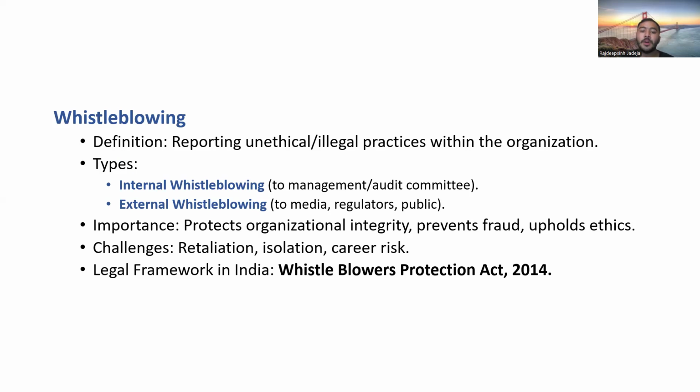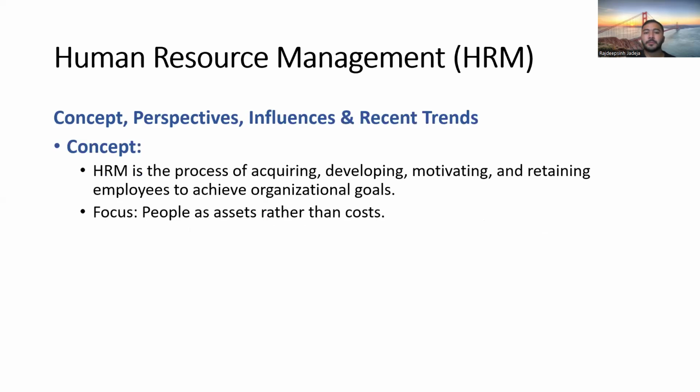They protect organizational integrity, prevent fraud, and uphold ethics. And the challenges are retaliation, because their job is in danger if they blow the whistle. They can face isolation and their career may be at risk. So there is a legal framework for whistleblowers. The Whistleblowers Protection Act 2014 provides protection to whistleblowers from the organization.